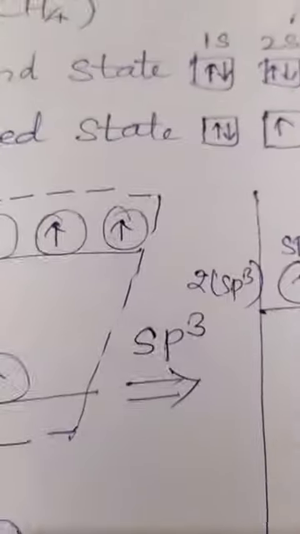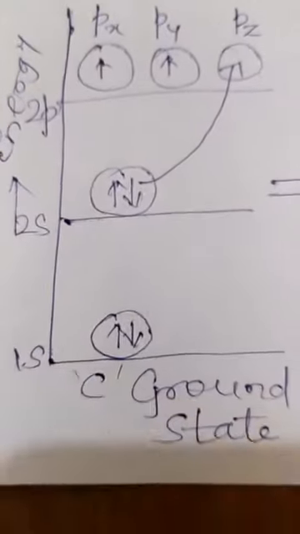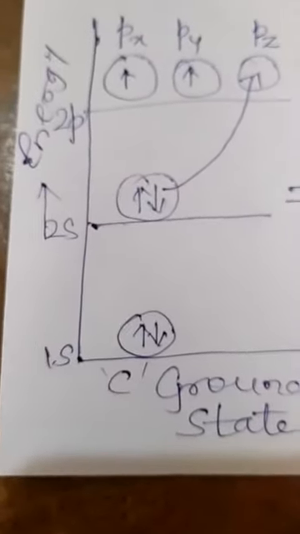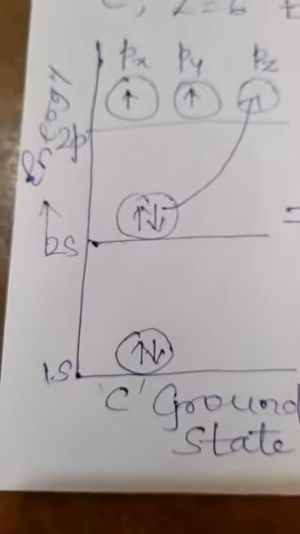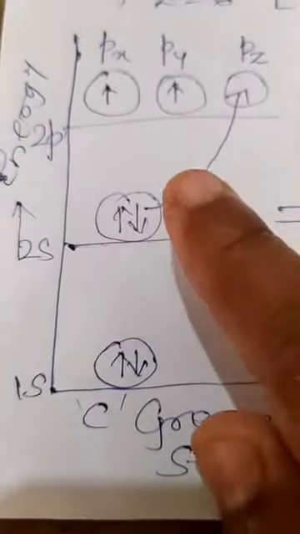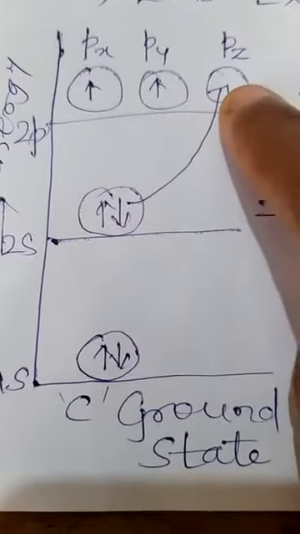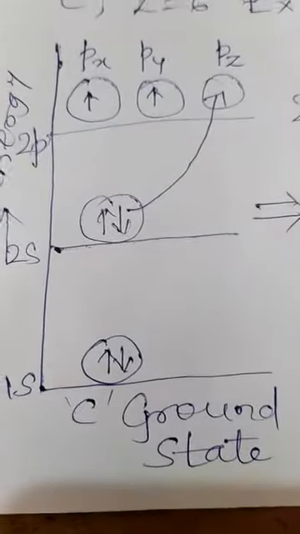Now, to make this concept much more clear, I have considered the energy level diagrams. Look at the carbon atom in the ground state in the energy level diagram. The 1s orbital is completely filled, 2s is completely filled, 2px and 2py have one electron each, and there is a vacant 2pz orbital.